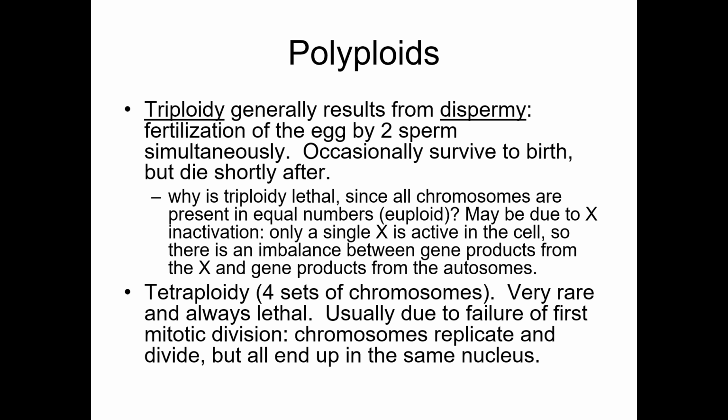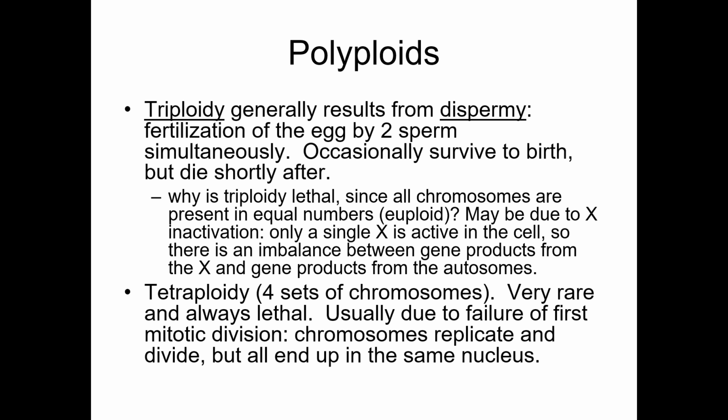Maybe due to X inactivation. Here the gene X, which is meant for the sex of the individual, inactivation happens. Because here only single X becomes active in the cell, which may cause an imbalance between the gene product from the X chromosome and the gene products from the autosomes.